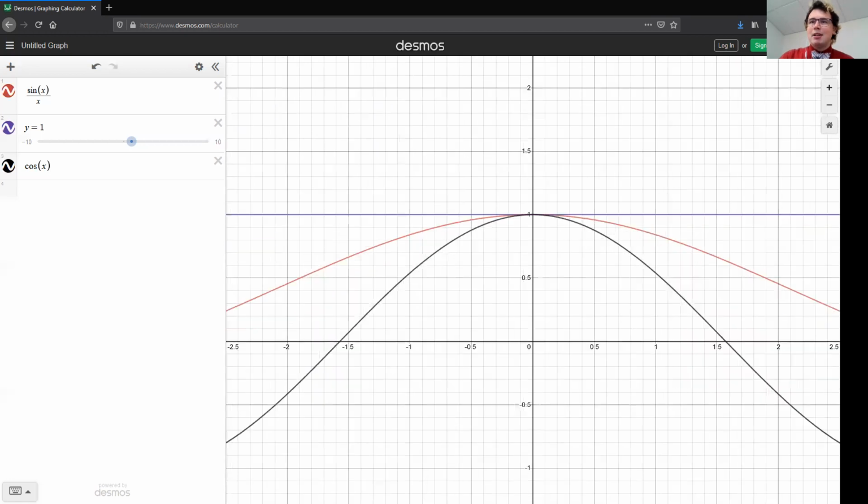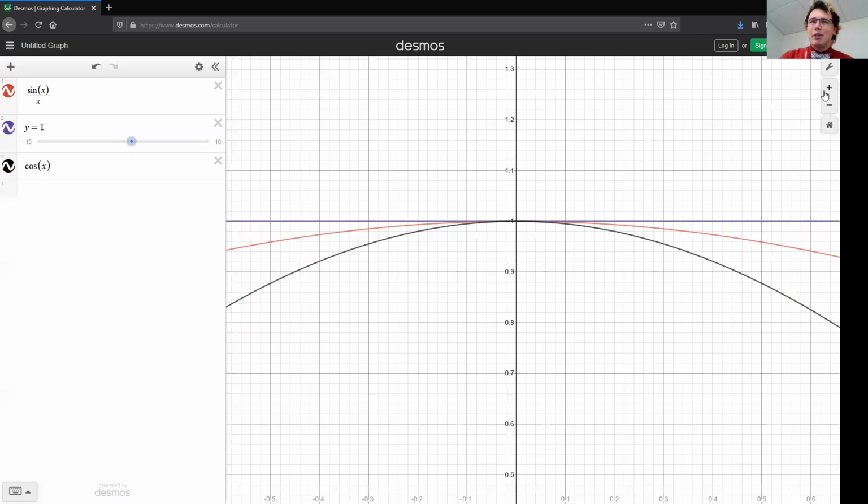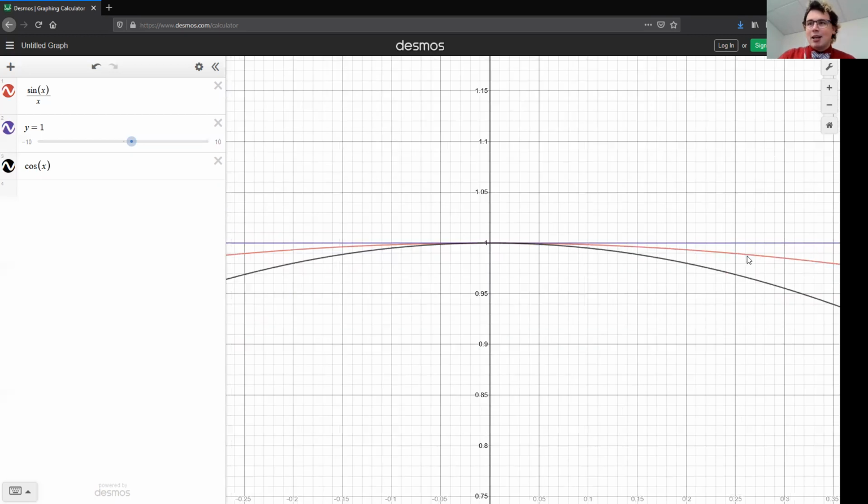Now, I'm going to zoom in to show what's going on in a little bit more detail. This red function is always going to be stuck in between the purple function on the top and the black function on the bottom. So it has no choice but to tend towards the limit of 1.